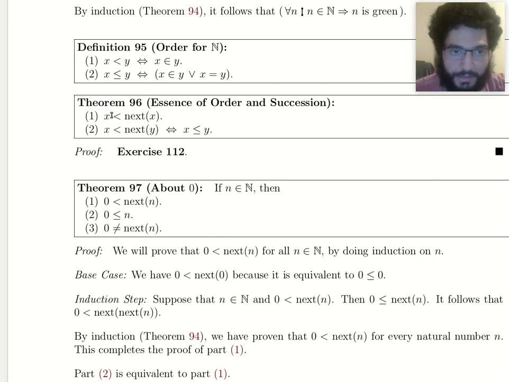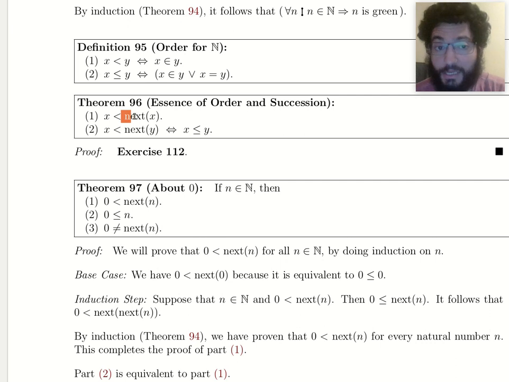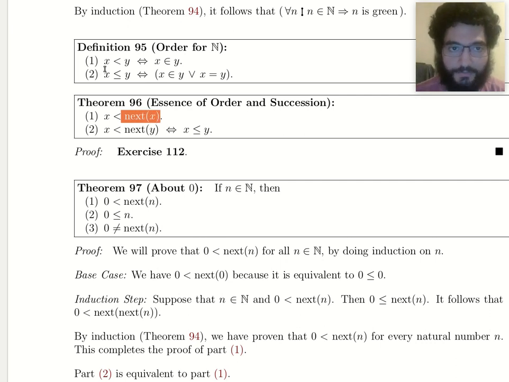So things are less than the next of themselves. We should be pretty happy about that being true. If we are imagining that the next of something is what comes after it, and if we're imagining that x less than y means x comes before y, then yeah, things should be less than what comes immediately after them.